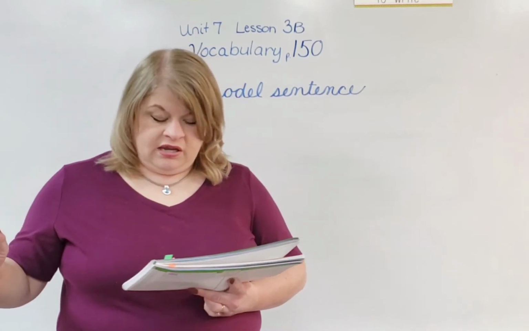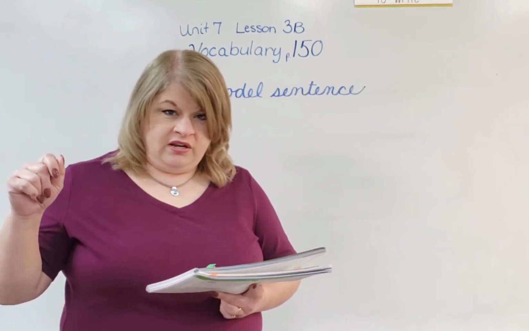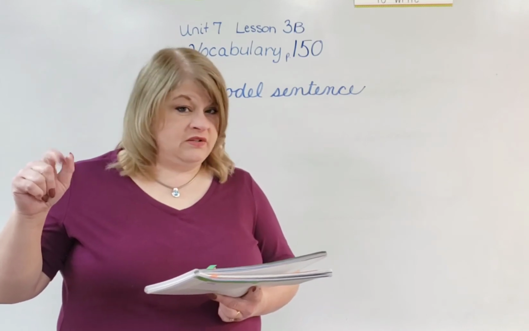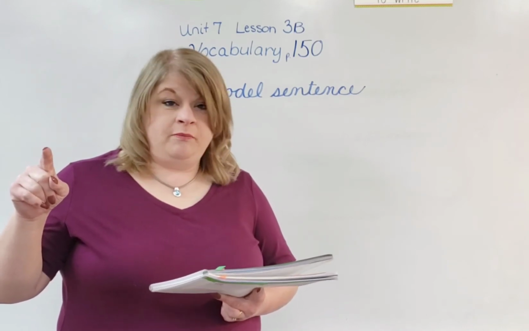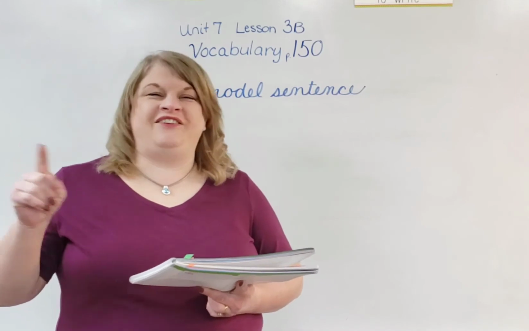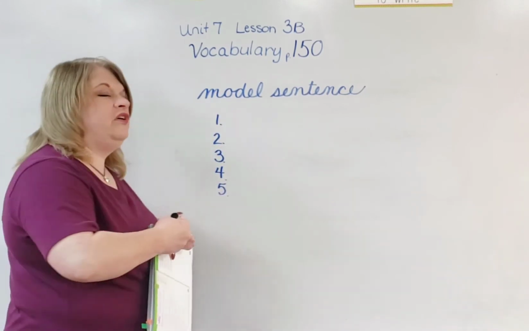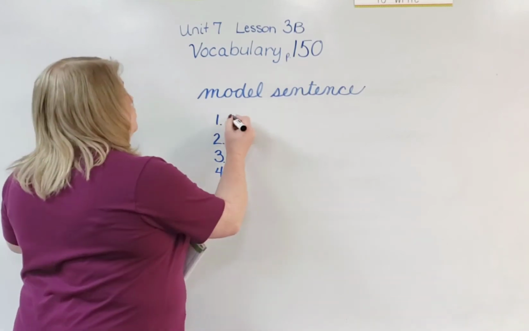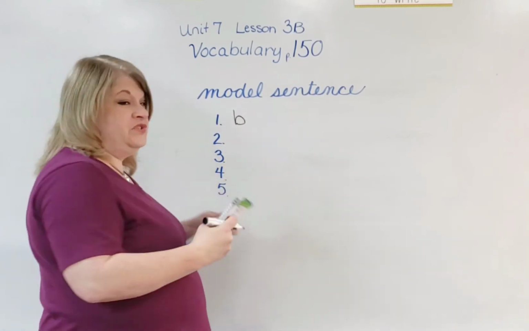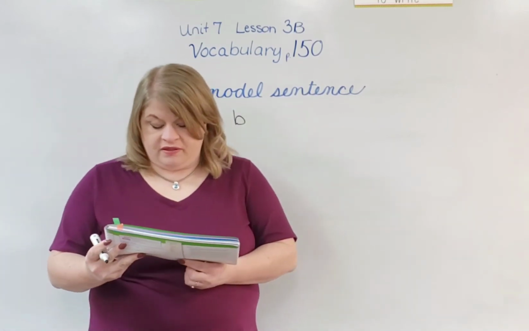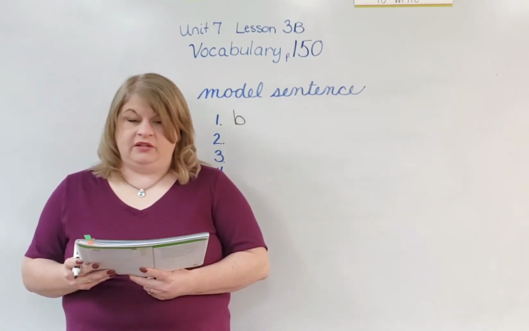No. Are you going to write it without joining the letters? Sounds reasonable. Or are we going to publish it in a book? No. So number 1, it's talking about printing without joining letters. So number 1 will be B. Do you see how that works? B will be that one. To write without joining the letters.